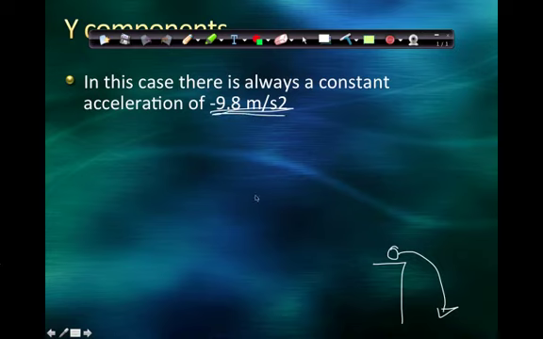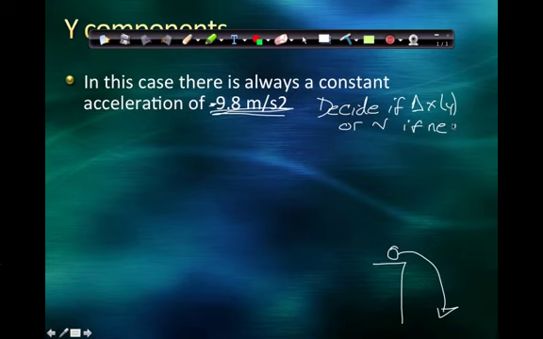So when we're looking at the math component here, we can just assign the acceleration due to gravity as a negative value and then decide if your displacement in the y direction or velocities are negative. So if you're falling, your displacement is going to be negative, and also your velocity will be negative as well.